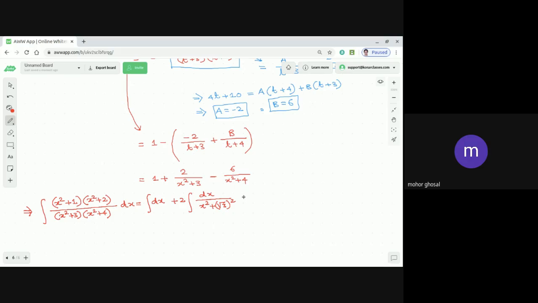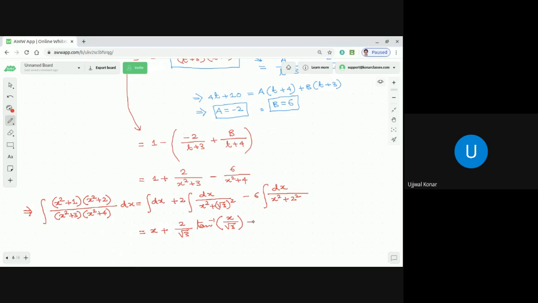Yes. Minus 6 into integration dx by x square plus 2 square. So that is equal to what? Integration of dx is x, plus integration dx by x square plus a square is equal to 1 by a into tan inverse x by a. So 2 by root 3 tan inverse of x by root 3. Correct or not? Yes.